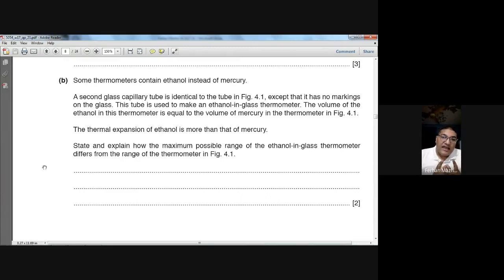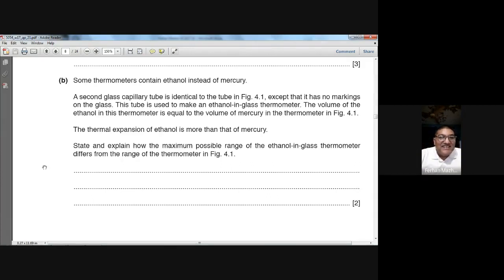The ethanol will reach the end of the thermometer at a lower temperature as compared to the mercury thermometer. In the ethanol thermometer, the thread of the ethanol will reach the end of the thermometer at a lower temperature as compared to mercury in glass thermometer.